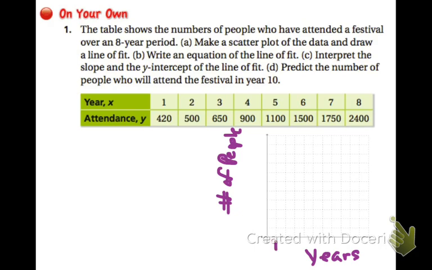Okay, so we can count years, 2, 3. So we're an 8-year period. We could count probably by 400. Let's go up by 200 each time, maybe. That gives us enough places.